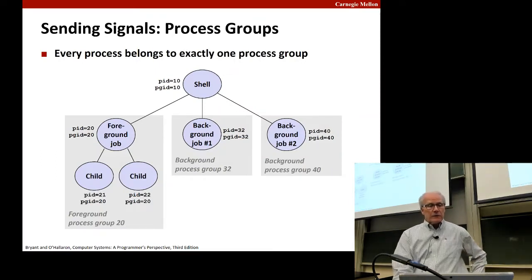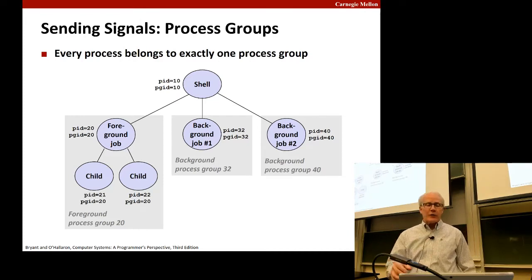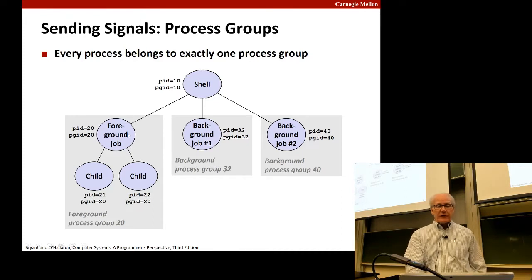So how are signals sent? It's possible to send a signal to a specific process or to a whole collection of processes. The idea of a collection of processes is that every process is part of a process group. Typically, when you're logged into a shell, your shell and every process that it spawns is part of a single process group.